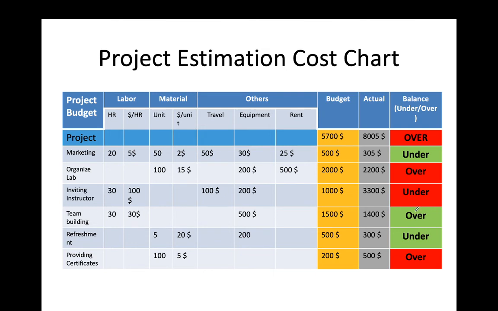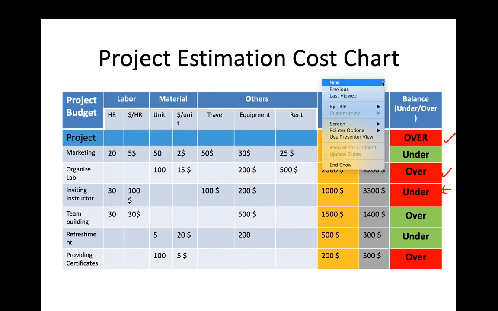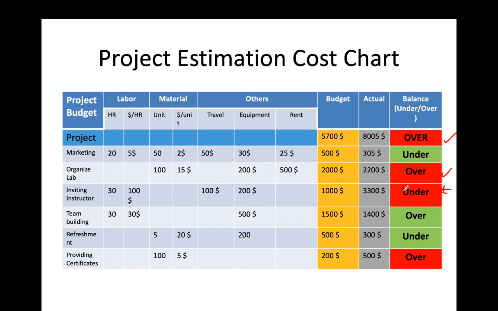So this means our estimation cost is over the budget, because our organized lab, this one is also over. This is not under the budget. We can change it, okay, in your slides I will change this. This is over the budget.